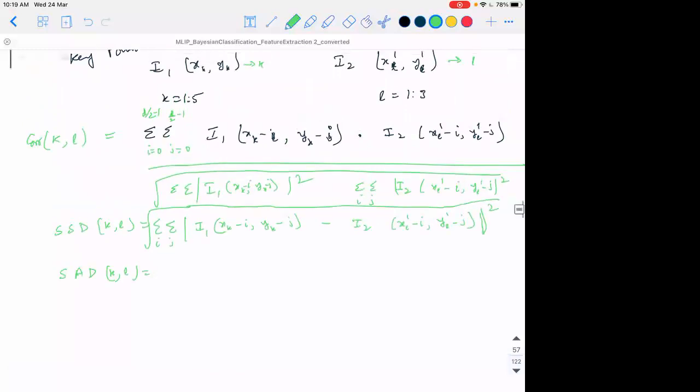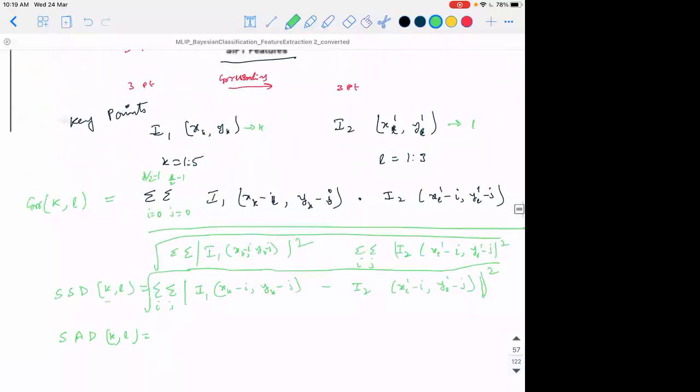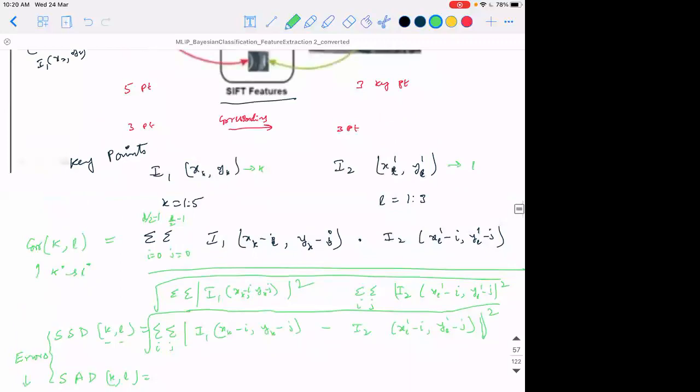If we want to say k and l are corresponding points, then if the sum of squared error or sum of absolute difference error, these two being errors in matching them, is small, then we say that k star and l star are corresponding points. Whereas correlation is a similarity measure, so if it is high, then we say that k star and l star are corresponding points. We check this for all possible k and l. Is this clear or not?